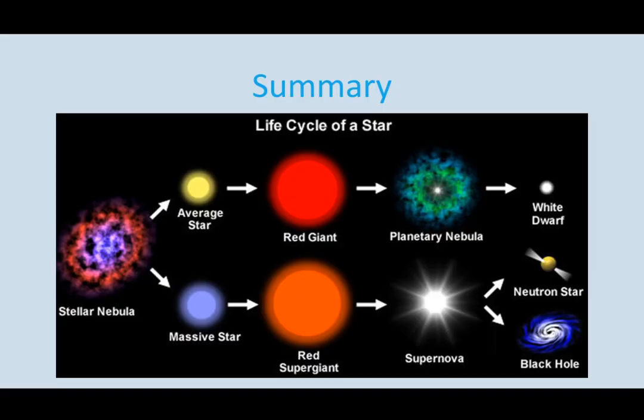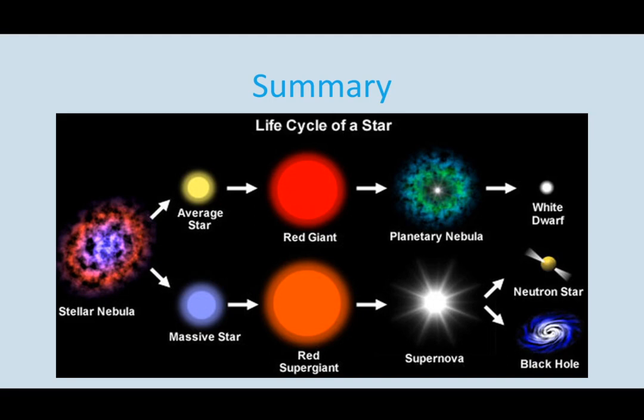So just a quick summary. We have our stellar nebula, a nebula that creates these stars, and then they go into either an average star, something like our sun, or a massive star, which is quite larger. From there, it goes into a red giant or a red supergiant.